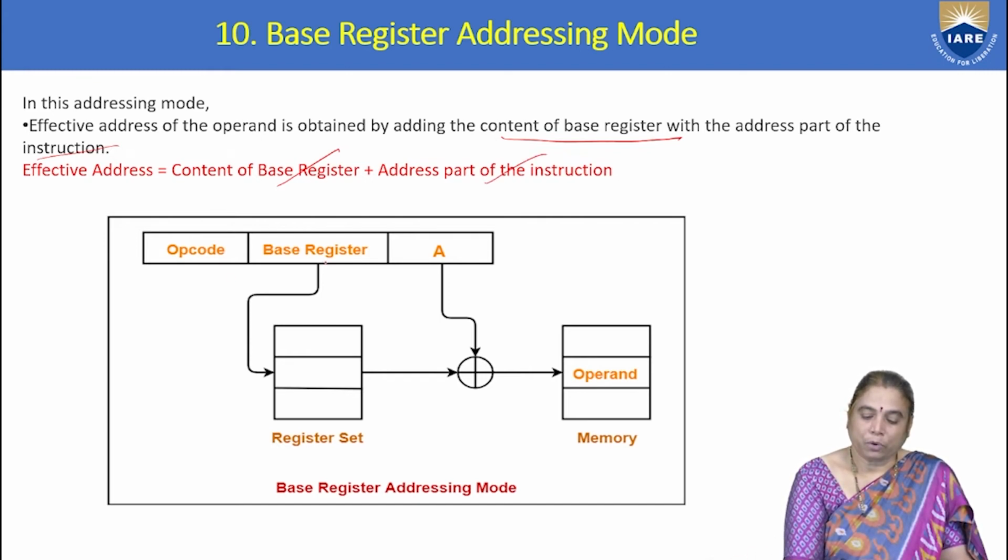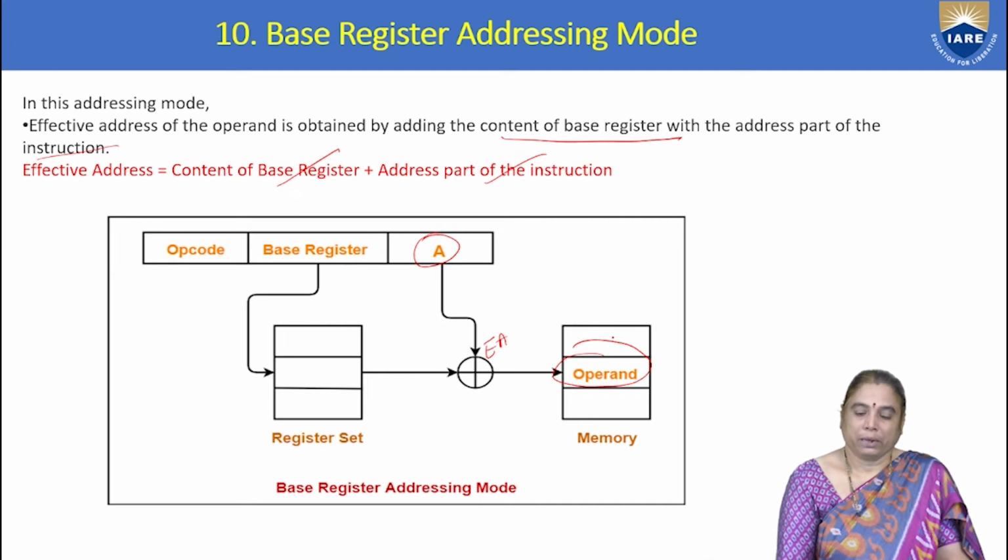After the opcode, the base register value is added with the address specified in the instruction, which results in the effective address where the operand is available in memory. This type of addressing mode is called the base register addressing mode.